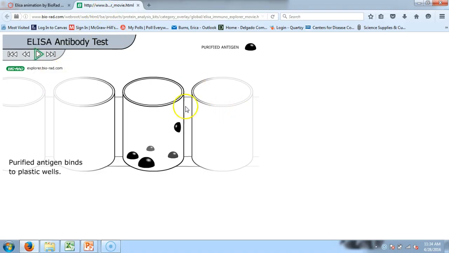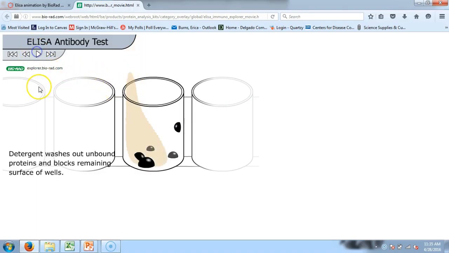What that's going to do is anything that didn't stick is going to get washed out. And it's also going to coat the areas where the antigen didn't stick to stop non-specific binding. So in your lab manual, it has a blocking step. Our wash buffer works as a good blocker, so we don't do the blocking step.